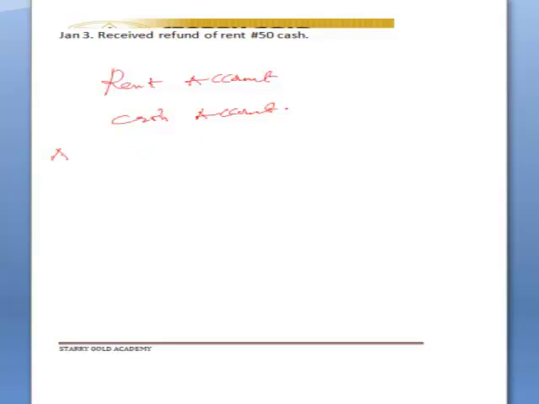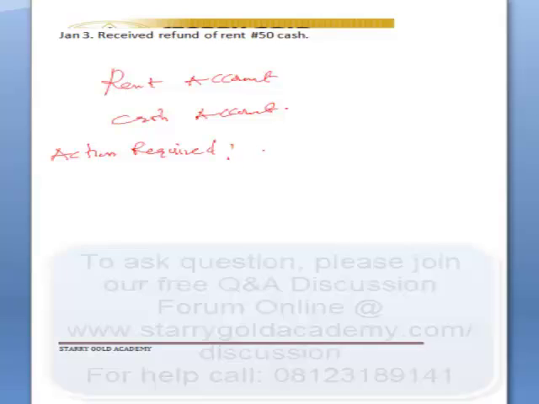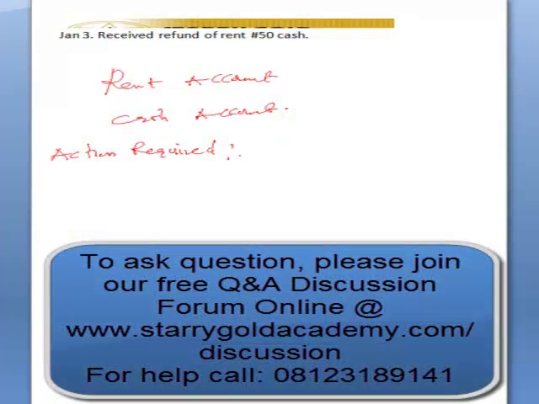What is the action required? The receiving account here is cash, and rent is giving a refund to the cash account.